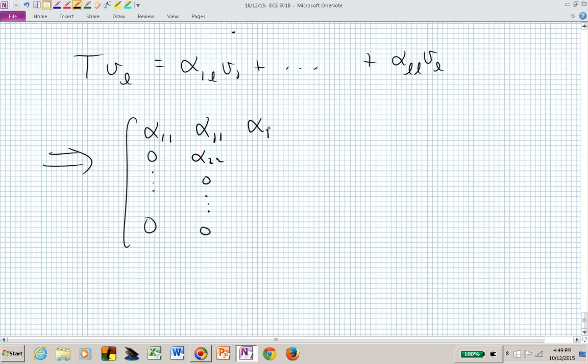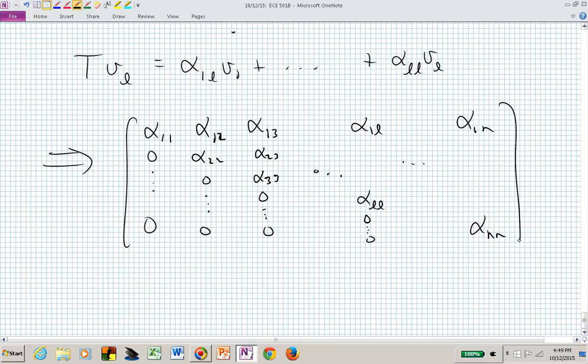And likewise, alpha 1, 3, alpha 2, 3, alpha 3, 3, etc., down to alpha sub 1L, alpha sub LL, and eventually we have alpha 1N all the way down to alpha sub NN.